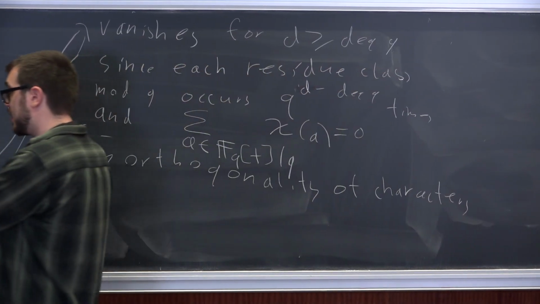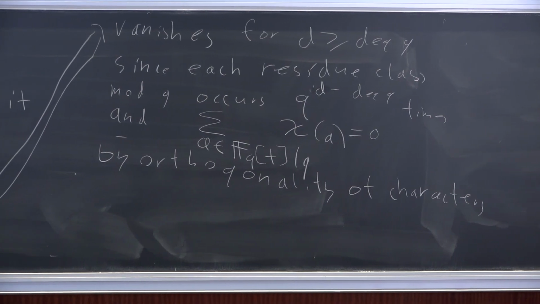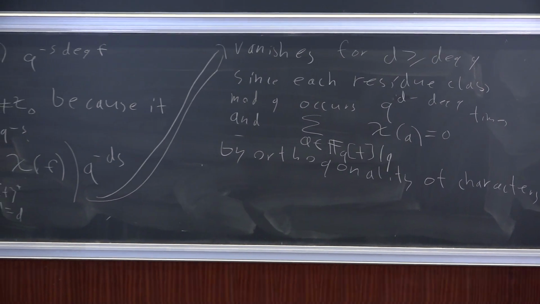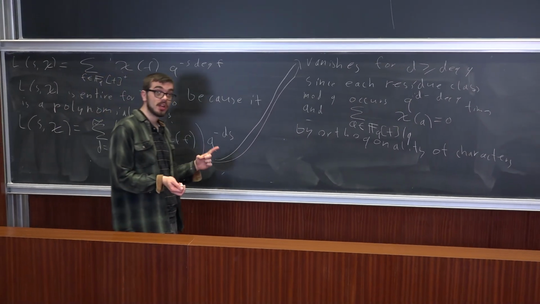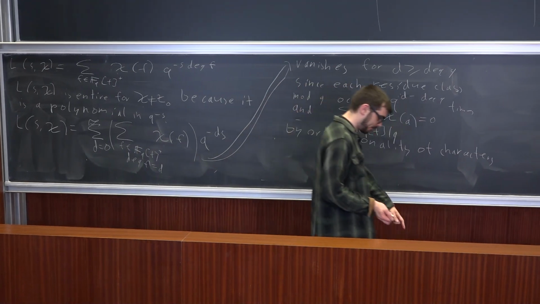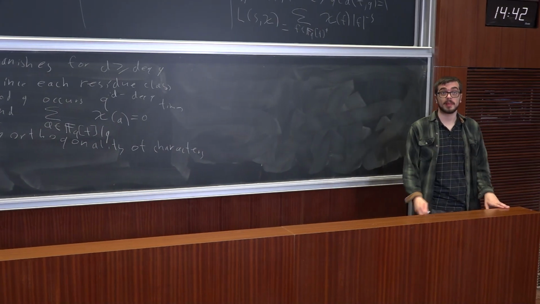So that implies that in this power series, all the coefficients past the degree of g will vanish, so you get a polynomial in q to the minus s of degree at most the degree of g minus 1, which in particular is going to be holomorphic on the whole complex plane.